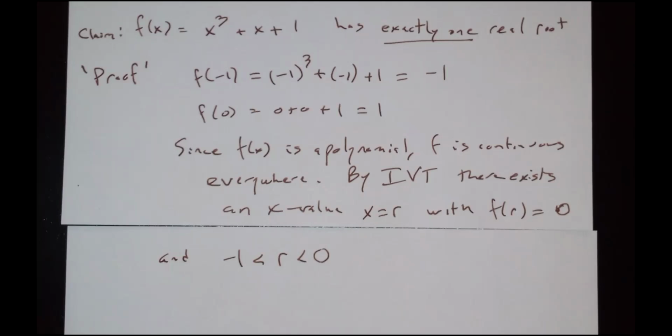Somewhere between those, I had to cross the x-axis. Beautiful. I have a root. I have 1. But it says up there I have exactly 1. So you need to tell me why you can't have another. Why is this the only one?